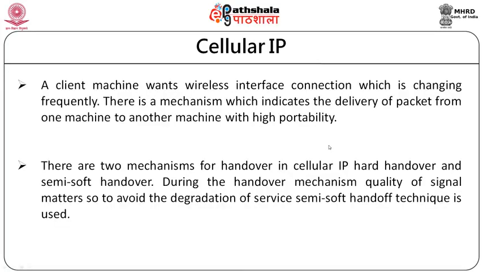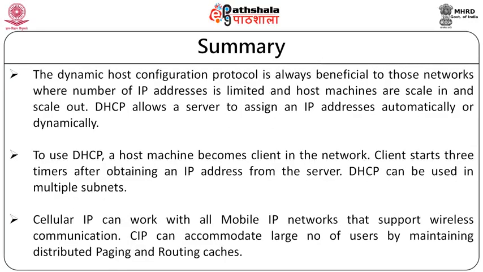Here the client machines want a wireless internet connection while changing frequently, and we always want delivery of packets to be fine. I already talked about cellular IP hard handover and semi-soft handover. We always go for semi-soft handover, because we don't want the signal quality to be lost. Signal should be there and the connectivity should not be lost.